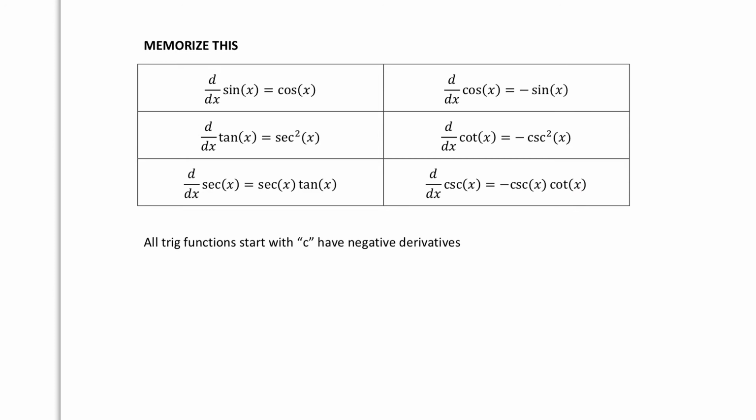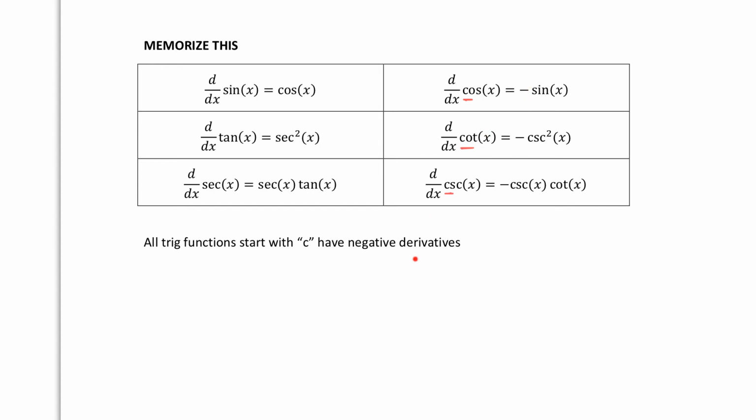Again, the same type of pattern. Now, how do you remember if it's negative or positive? Well, if you notice, all of these ones are positive, and all these ones are negative. And what do you notice about the letter that each one of these starts with? Well, it's C. And so all of the ones that start with C have negative derivatives.